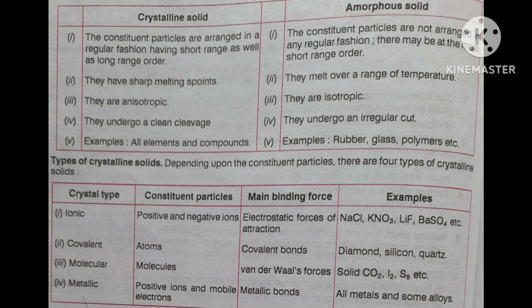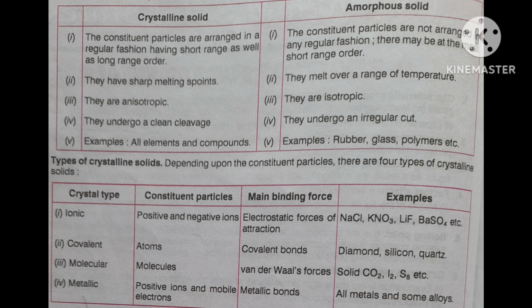In ionic solid it was positive ion and negative ion, but here the ions are positive, and in place of negative ions, here it is electrons. Electron is negatively charged, you know. So one side positive ions, other side mobile electrons.